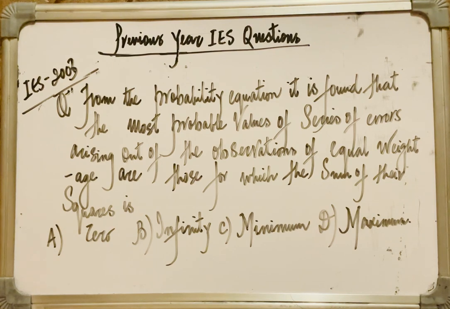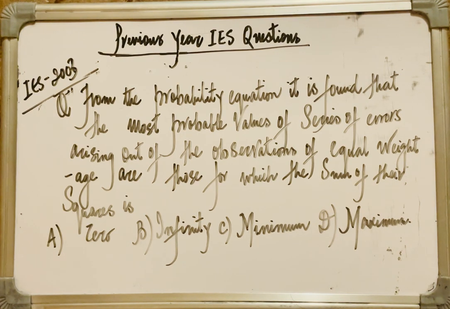This was the question as asked in IES 2003. From the probability equation it is found that the most probable values of series of errors arising out of the observations of equal weightage are those for which the sum of their squares is.